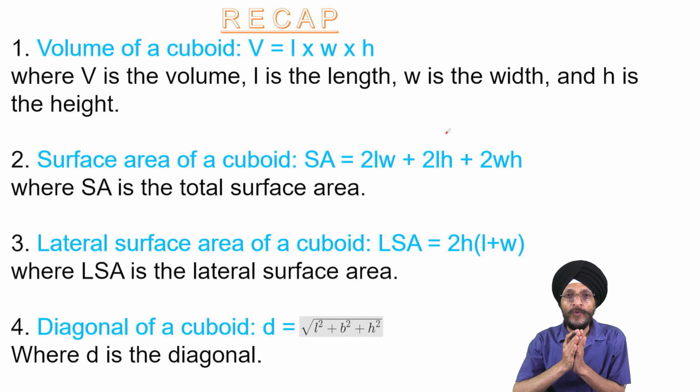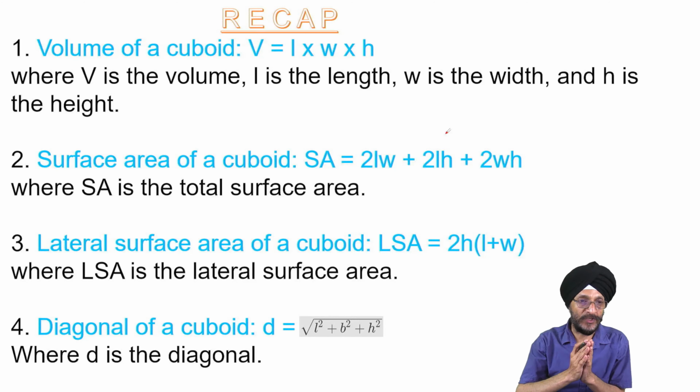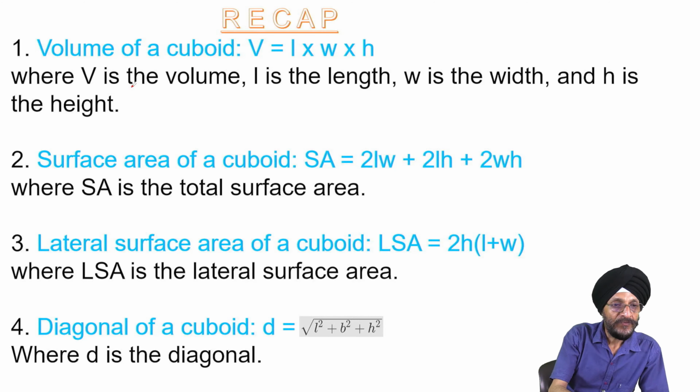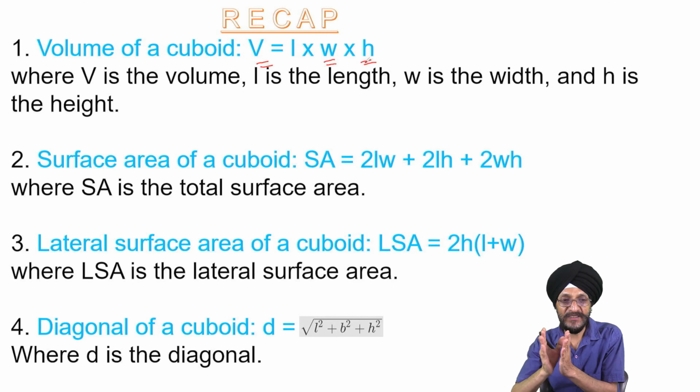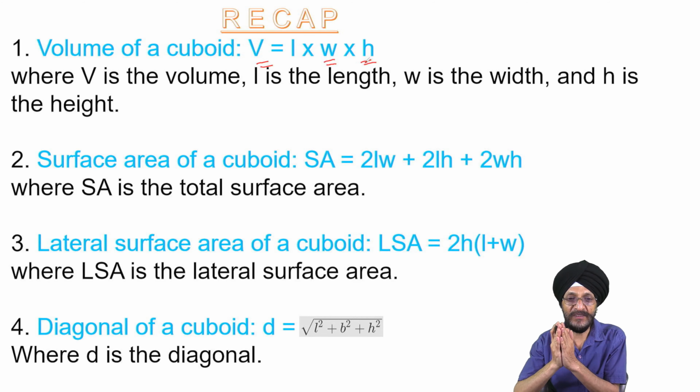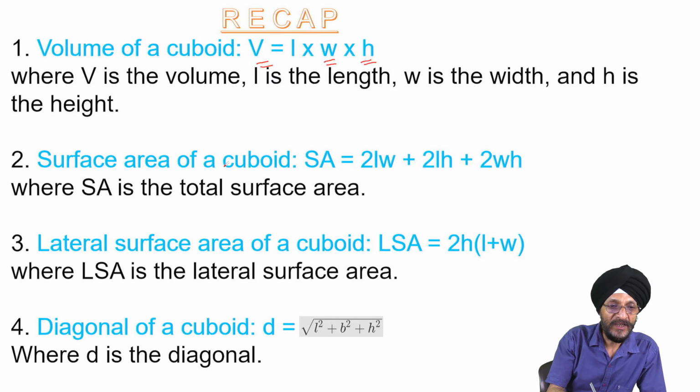Now we will recap this course. When we are to find out the volume of the cuboid, volume is equal to length multiplied by width multiplied by height, where V represents the volume, L represents the length, W represents the width, and H represents the height.